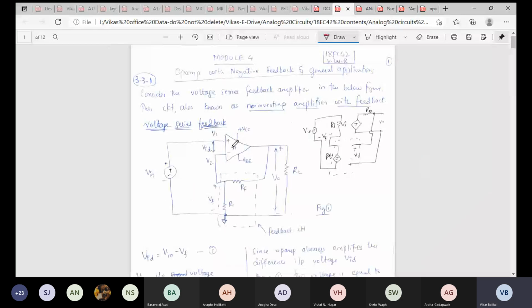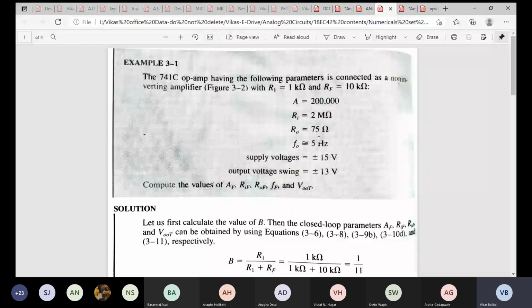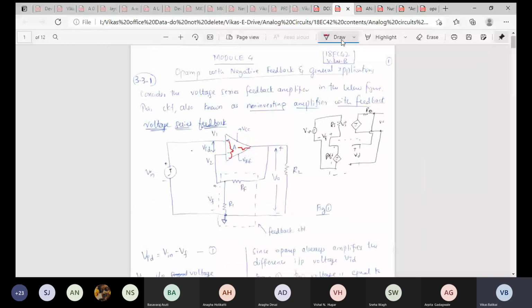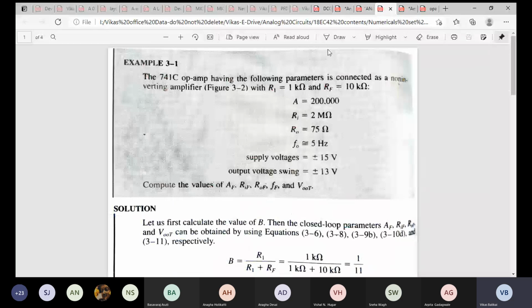And then R0 is given as 75 ohms, the output resistance of the opamp. And then F0 is 5 hertz, that is your break frequency, which means the bandwidth is given, and the supply voltage is given, and finally he has also mentioned the output voltage swing.